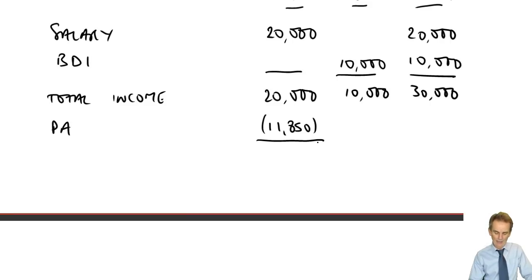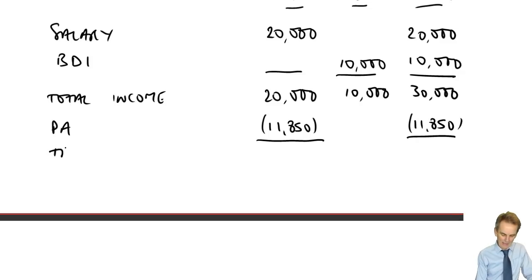All of the personal allowance is used against the non-savings income. So there's no excess personal allowance to go then against savings income. The 11,850, of course, deducted from your total. And what do we get in terms now of our taxable income figure?